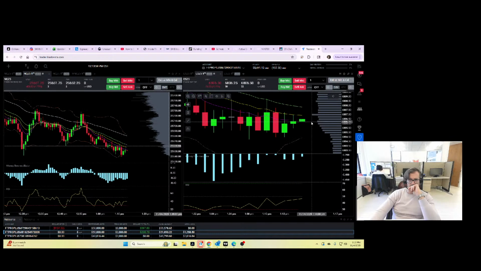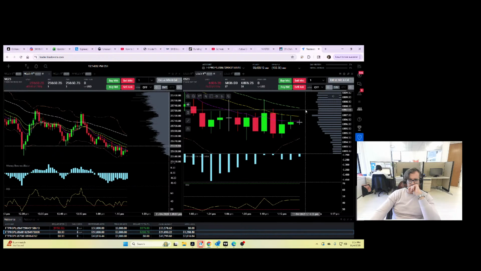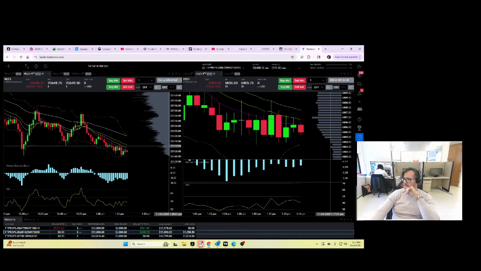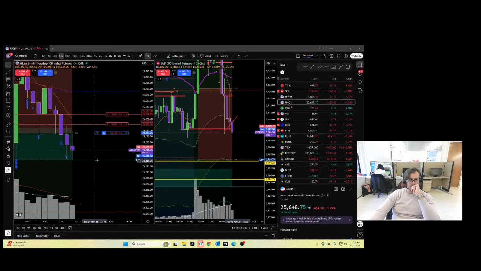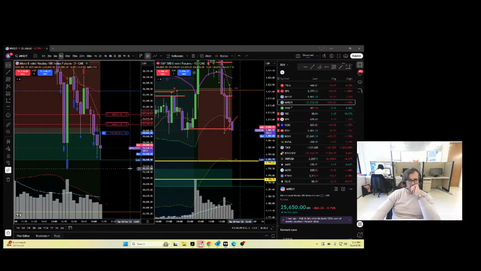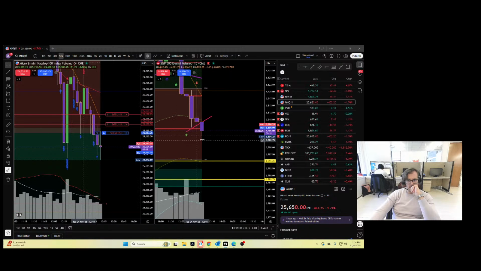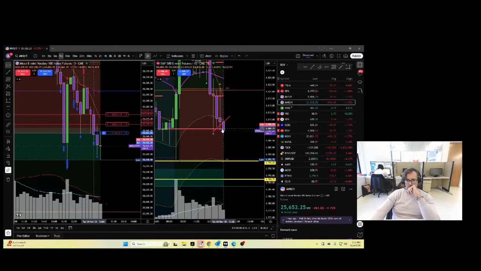I might exit. Yeah, I don't like that it's closing below this doji.